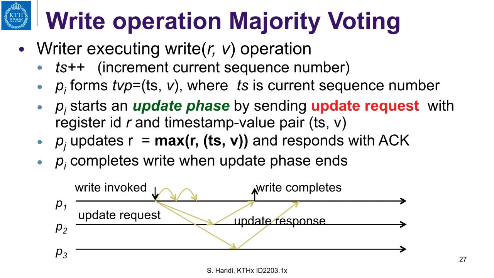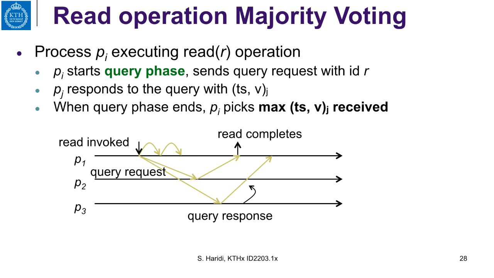So now let us look at the read operation. A process Pi executing a read operation will start what we call a query phase and send a query request with the register identifier. That's what it does here.